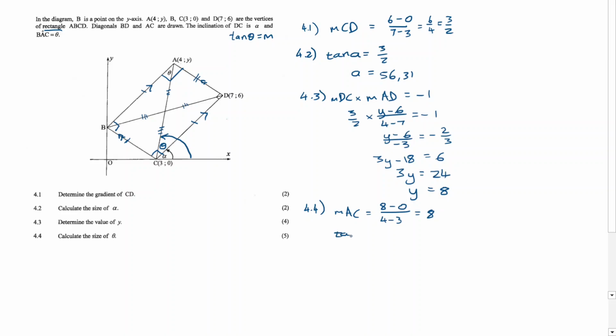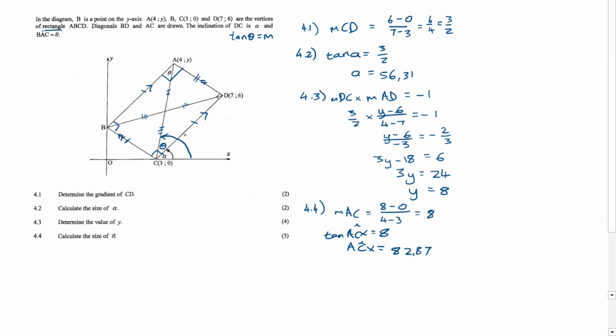Then if I do tan theta equals 8 and I shift it, and this is not to get theta, maybe to be safe, let's rather just call it tan AC, and there's nothing here, so I'll just call it X. If I shift tan that, then the entire angle there ends up being 82.87.